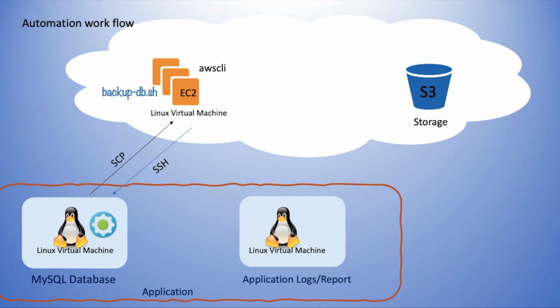Once you install the AWS CLI on the EC2 machine, we can push the dump or reports into the bucket. The application logs and reports too, we can execute the script to take the backup from this machine and store through EC2 into the S3 bucket.